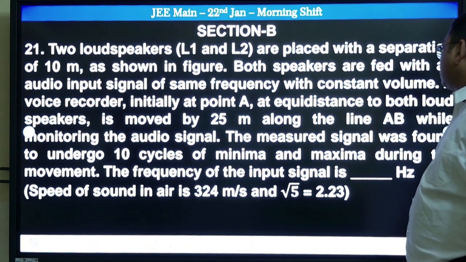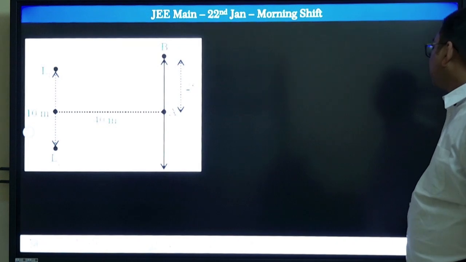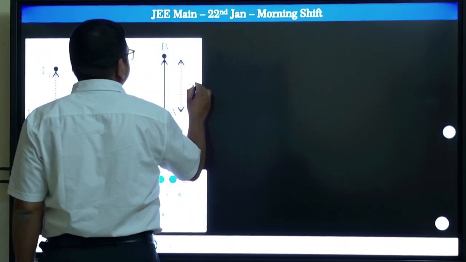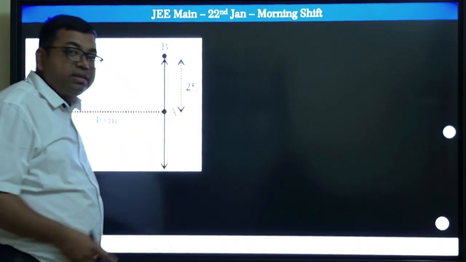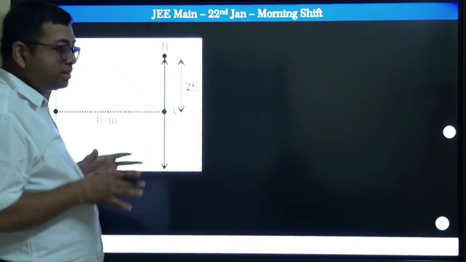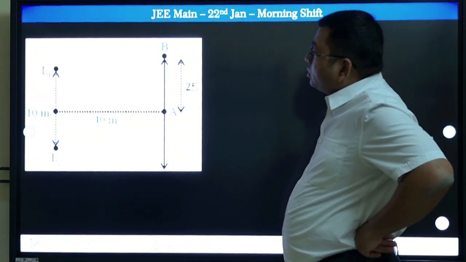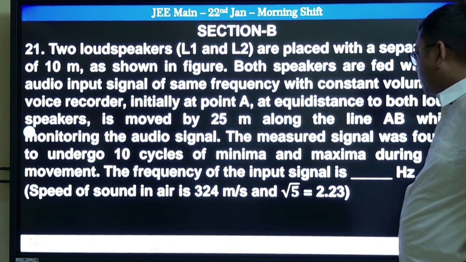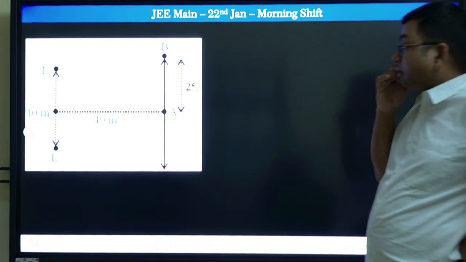It is moving 25 meters, note that this is 25, and 10 signals of maxima and minima happen. So that means you can consider 10 maxima and minima. And they are asking us to calculate the frequency of the input signal.